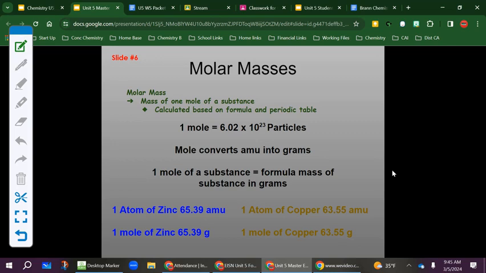So we have to double that 1.01. 2.02. Now add the 16 for the oxygen, which means if I have 1 mole in here, how many grams? 16 plus 2.02. Don't you dare pull out a calculator. 18.02. 18.02 grams. When I have 18.02 grams of water, I have 1 mole of it.